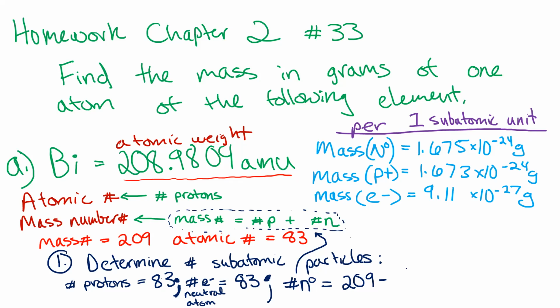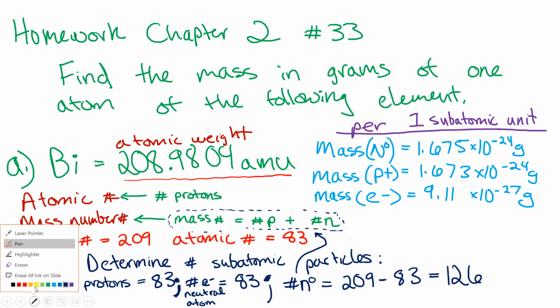So if we take 209 and subtract the number of protons, which we've already determined is 83, then 209 minus 83 is what? 126. I would agree with that. Yes, 126 neutrons. Exactly. Good so far? Any questions from anyone?